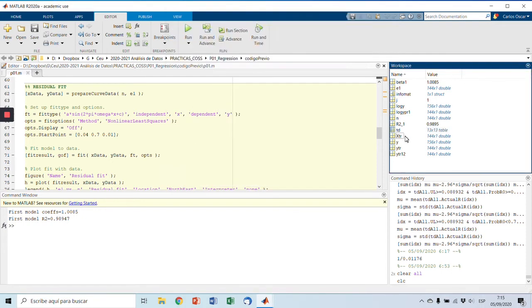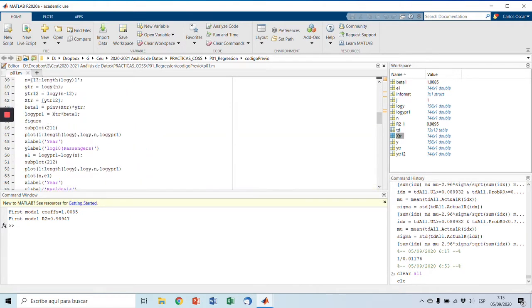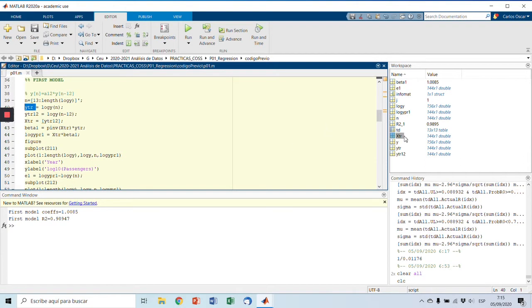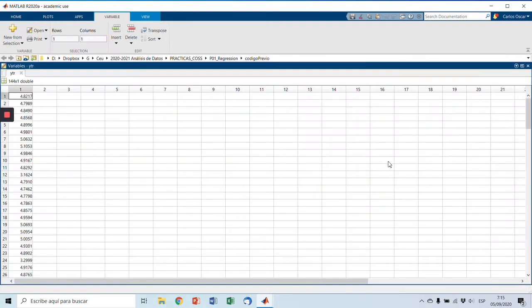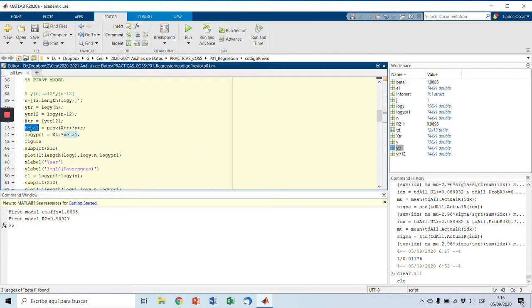So we can put the vector of the logarithms of what happened 12 months ago, and then we have it here. We try to predict with that what is the value that we have now, and they have to be of the same shape. So this is the logarithm of the number of passengers now, and then the pseudo inverse gives us beta.